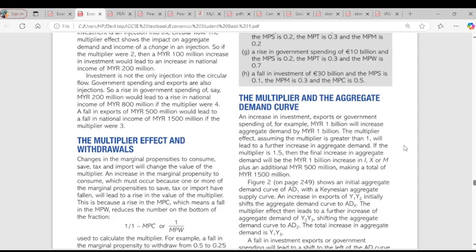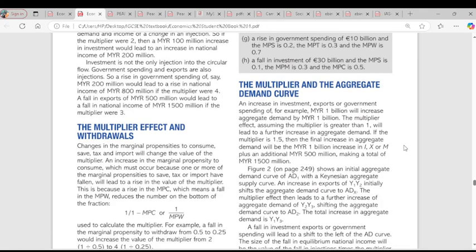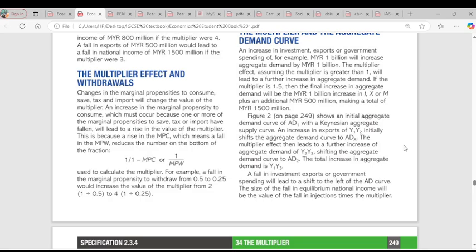The multiplier effect and the aggregate demand curve. The aggregate demand curve is the total of demand within the economy. So here I wrote an increase in investment, export, and government spending. An increase in investment, government spending, and consumption, and an increase in export will bring about an increase in injection.